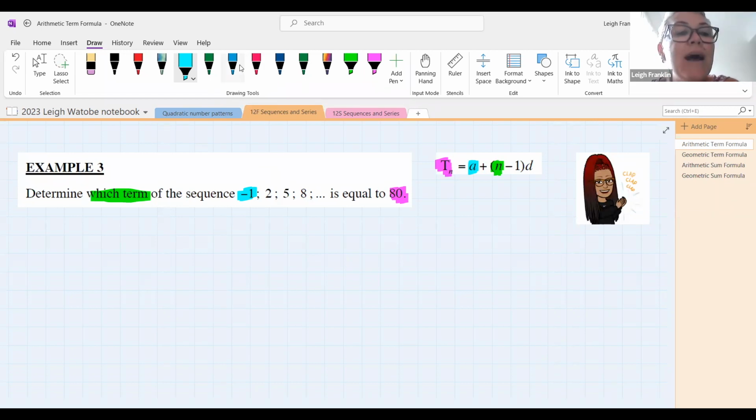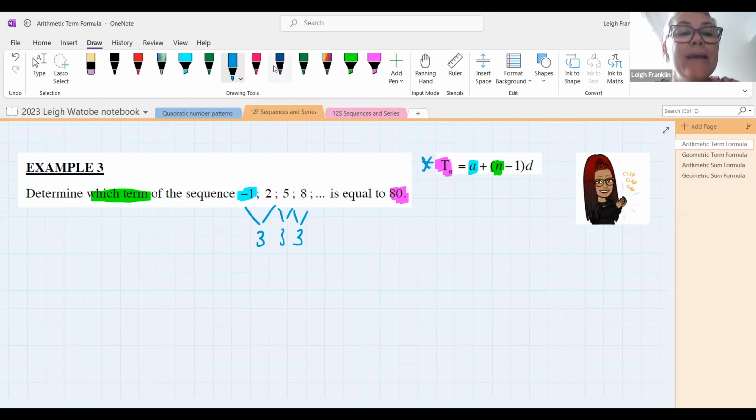And then, of course, it's our job here to work out what the difference is. In this case, our difference is 3. Now we're going to be substituting into our formula.